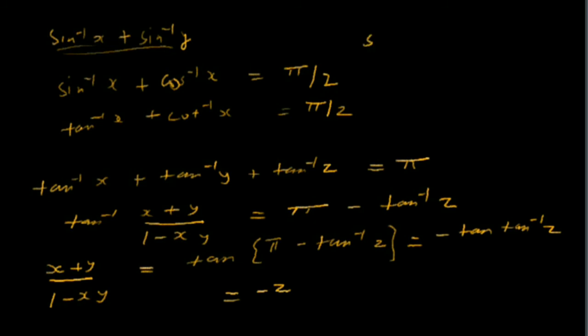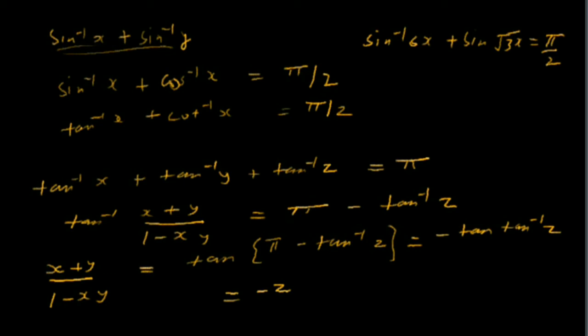Suppose I have to solve one question: sine inverse 6x plus sine inverse root 3x equal to pi by 2, like this. We have to get the value of x.